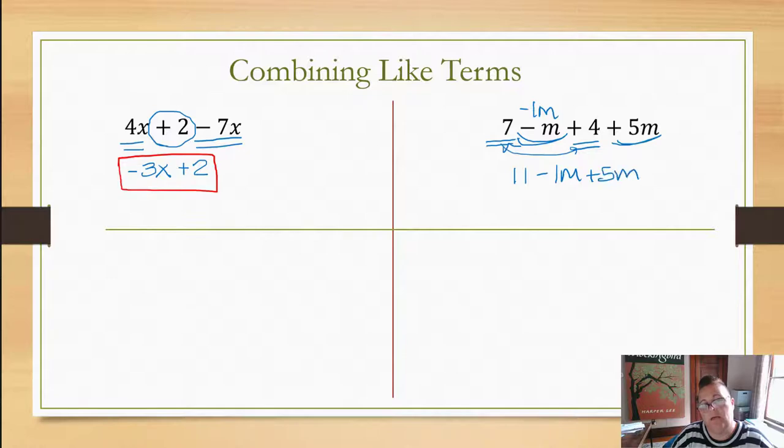And when I combine those, that's going to be minus 1 plus 5, which is 4m. This 11 does not have an m on it, the 4m does, so I cannot combine those any further, and I'm left with 11 plus 4m being my simplification and my answer.